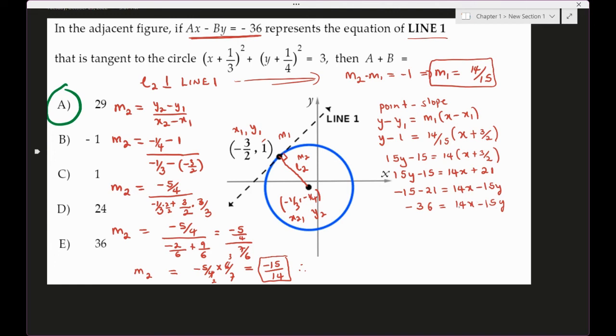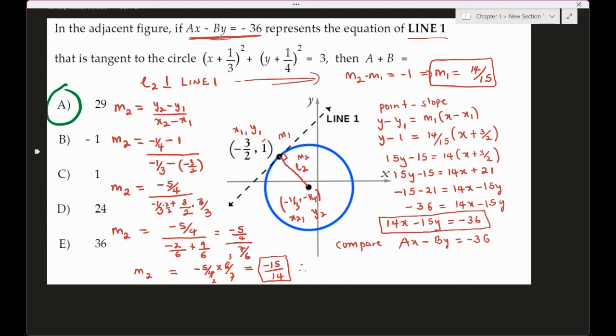We can rewrite it, writing the right-hand side first. We write it as 14x minus 15y equals minus 36. So this is the equation of line 1. Now we compare it with what we are given here, which is ax minus by equals minus 36.